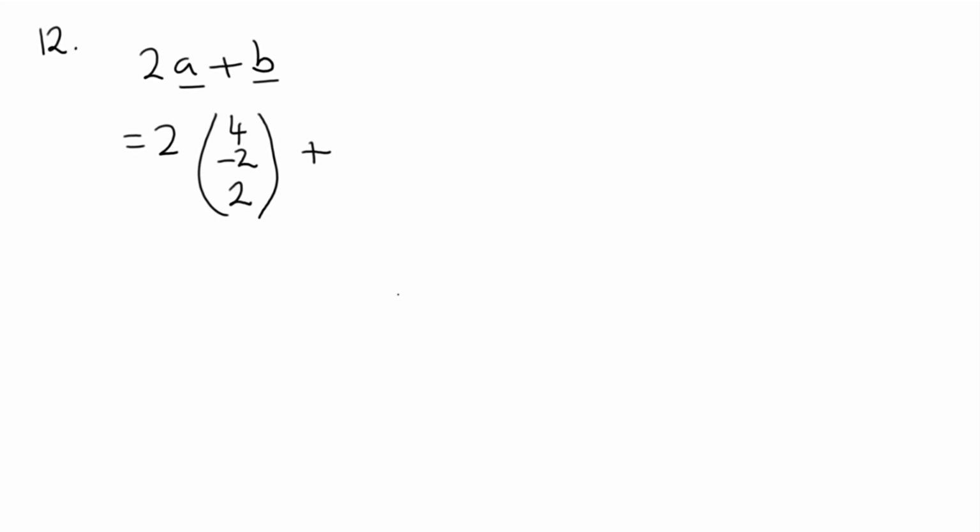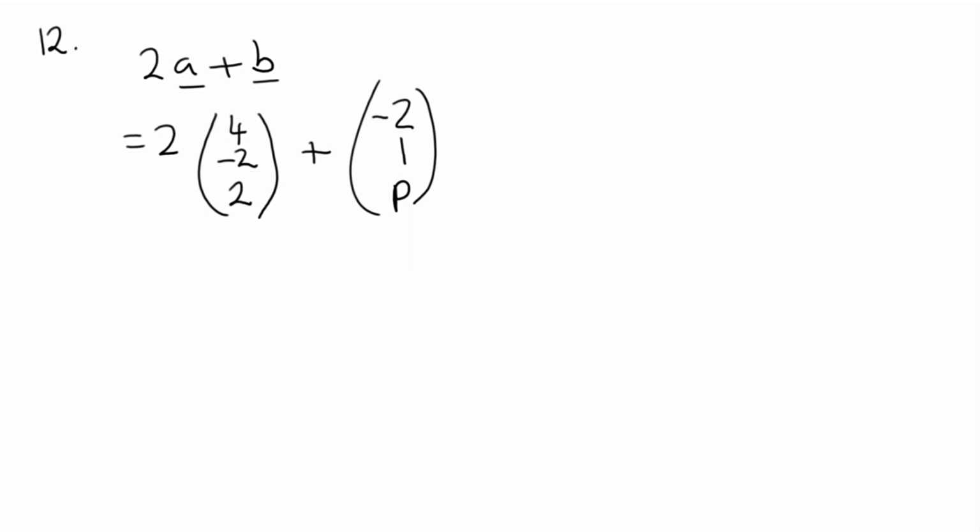On to question 12. Express 2a plus b in component form. So 2a plus b is just two lots of the a, and the a is 4, minus 2, 2, and the b is minus 2, 1, and then a p.